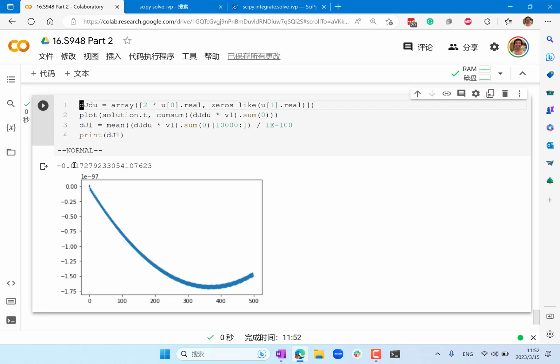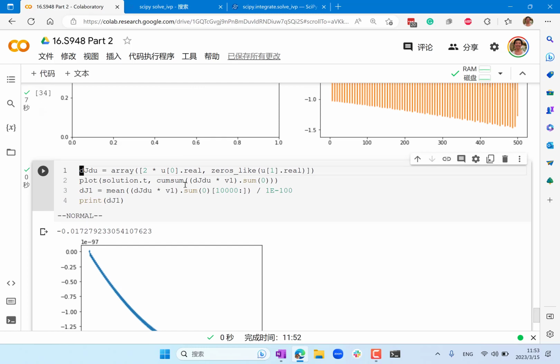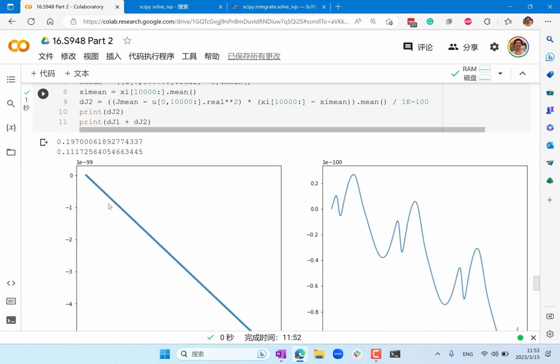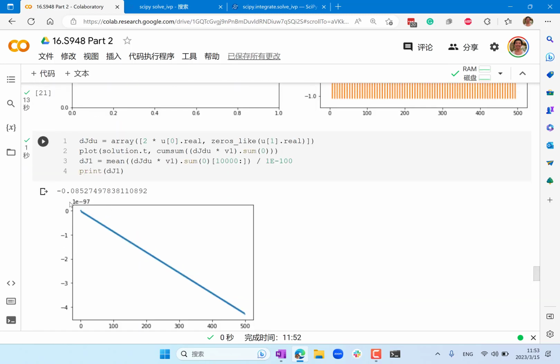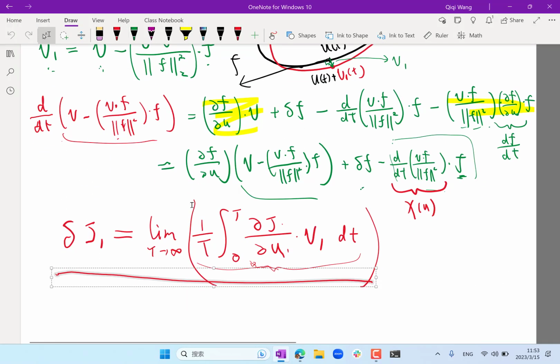The reason is that, due to this growth, instead of having a constant slope when we are adding up the, so let me go back to this, right? Oh, so that's the delta J part, right?